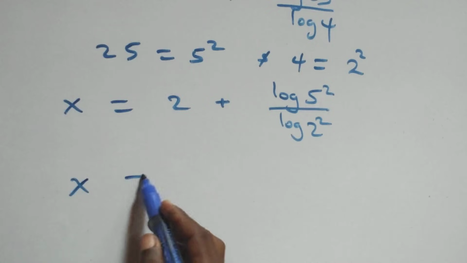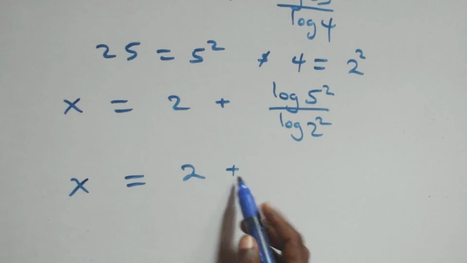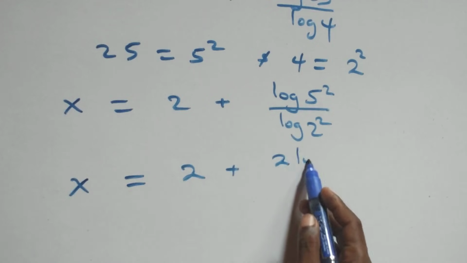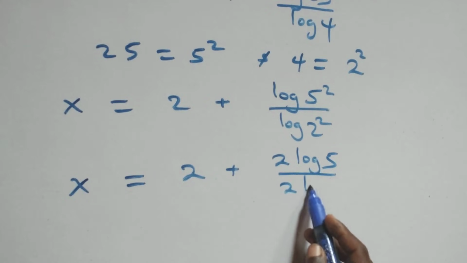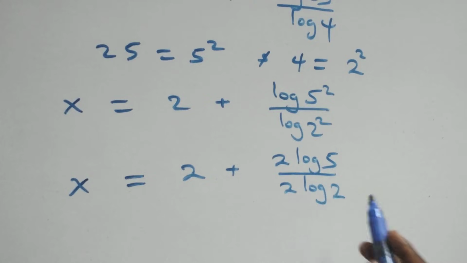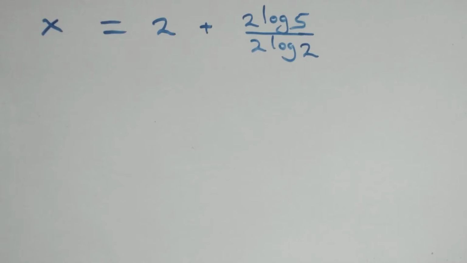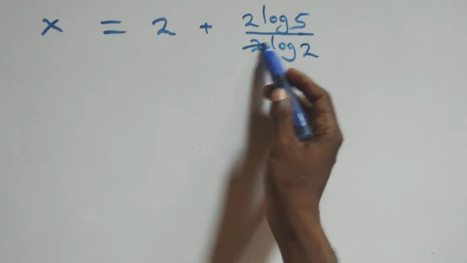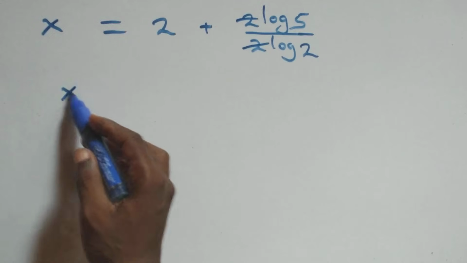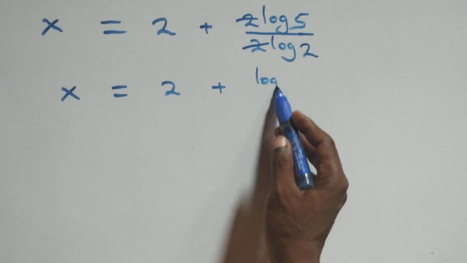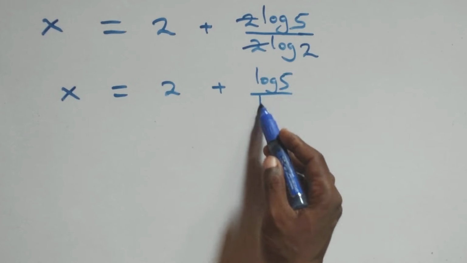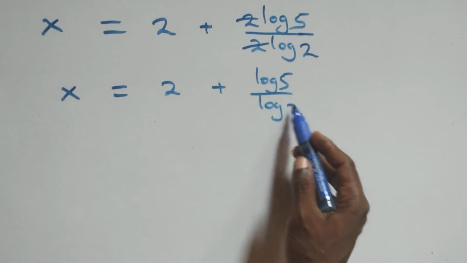We have x now equals to 2 plus 2 log 5 over 2 log 2. Then next step here, the 2s cancel out. We have x now equals to 2 plus log 5 over log 2.